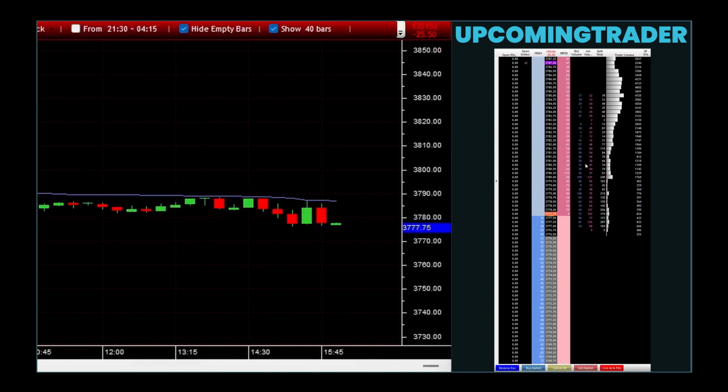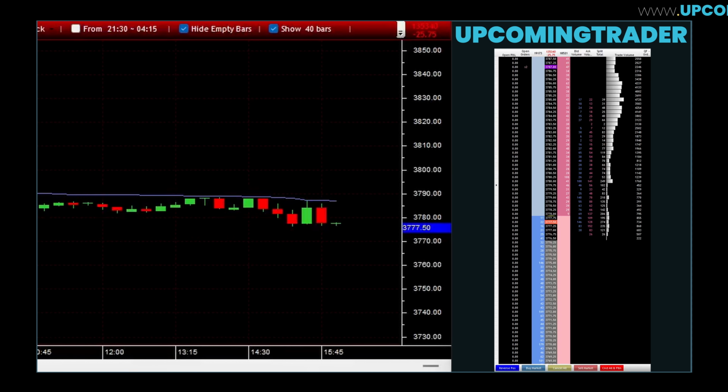Identifying the shooting star at the top of an uptrend involves looking for a specific candlestick pattern. This pattern is characterized by a small body at the bottom with a long upper shadow and little or no lower shadow.